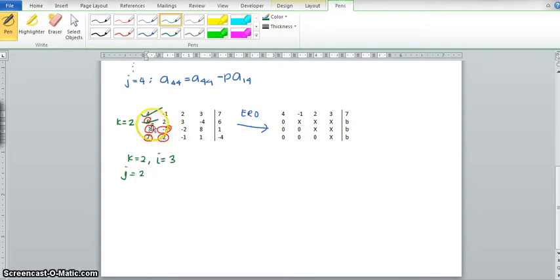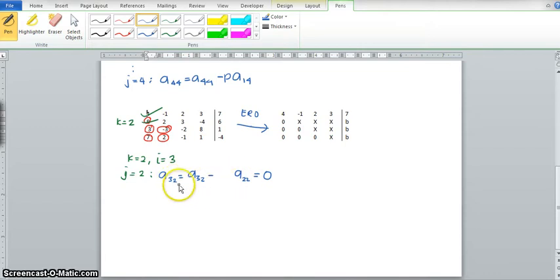Sebab ini dah jadi kosong. So for j equals to 2, the element is A32 equals to A32 minus P times A22, as our reference element, where we want to get 0.